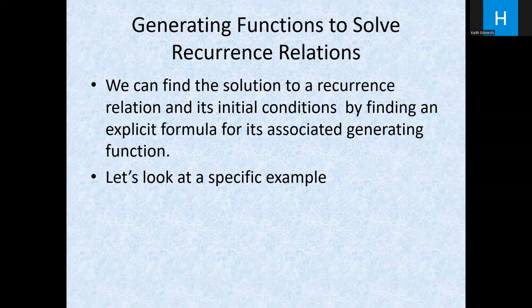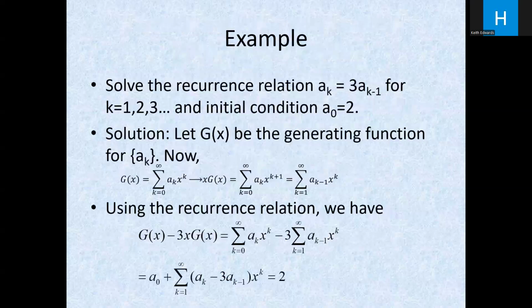So let's take a look at a specific example. Here's the recurrence relation: a sub k is equal to 3 times a sub k minus 1 for k equals 1, 2, 3, etc., with the initial condition a0 equals 2. So g of x is the generating function for a sub k, and we can multiply that by x.